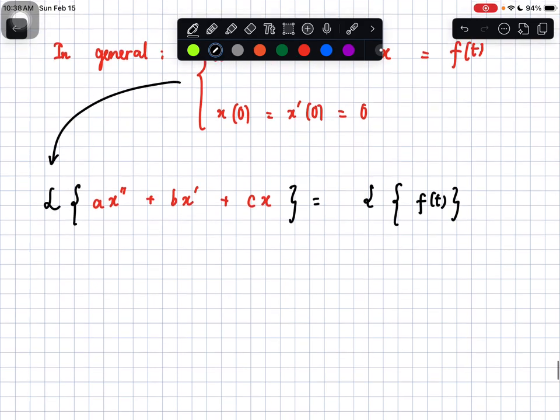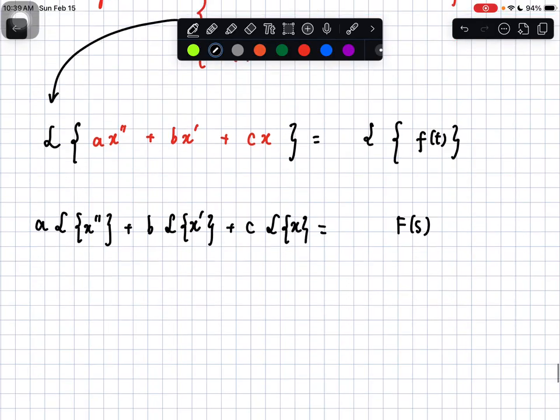Let's denote the Laplace transform of small f as big F. So the right hand side is big F. The left hand side we can pull a, b and c out. So a times the Laplace transform of x double prime, b times the Laplace transform of x prime, c times the Laplace transform of x.